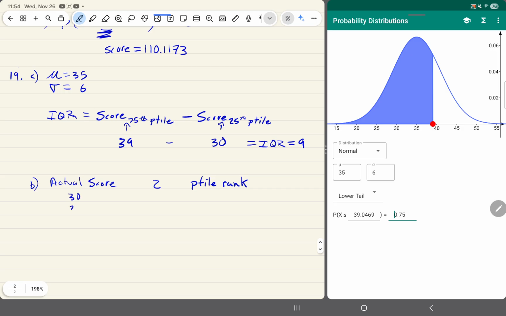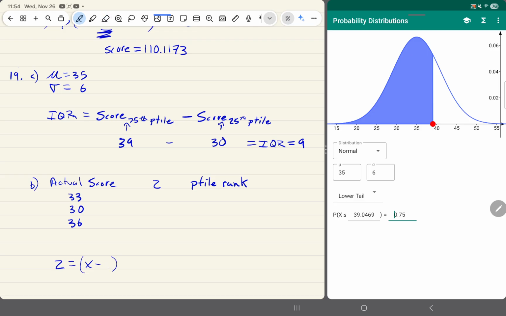I'll write a couple of these out. 33. We did 30. I reversed those. The first one should be 33. The next one 30. The next one 36. All right, so remember that our z-score is equal to the value minus x bar, the mean.